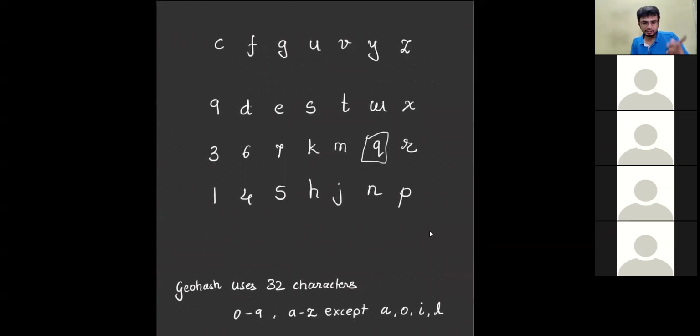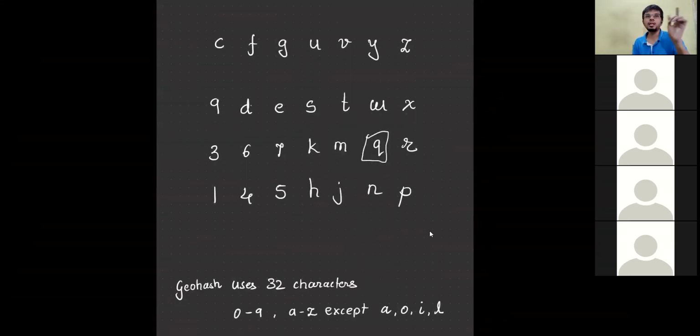So this is the order of it: C, F, G, U, V, Y, Z, 9, D, E, S, T, W, X, and so on. Now let's say we are focusing on the top left part of the world.